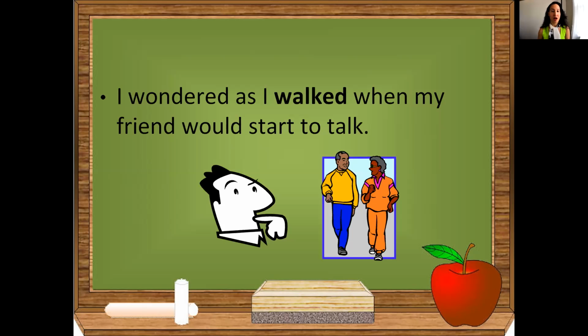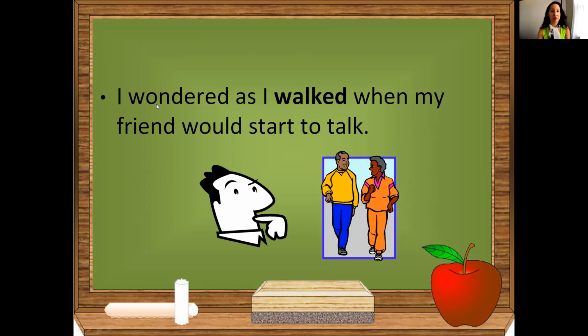Now I'm going to say the sentence, and then you're going to repeat with me, okay? So we're going to say this twice. I wondered as I walked when my friend would start to talk. Repeat. I wondered as I walked when my friend would start to talk. Now, did everyone pick this up?